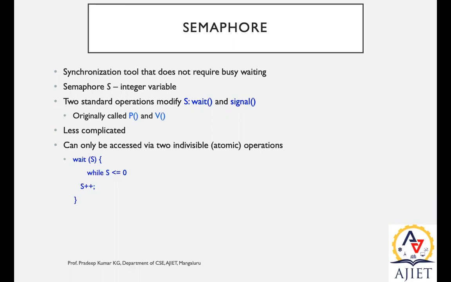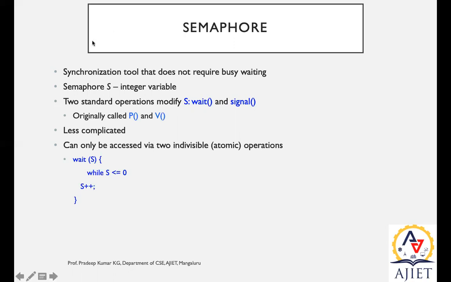This solution is also called a synchronization tool, also called a semaphore. A semaphore is a software tool designed by operating system designers to solve the critical section problem in a synchronized manner.